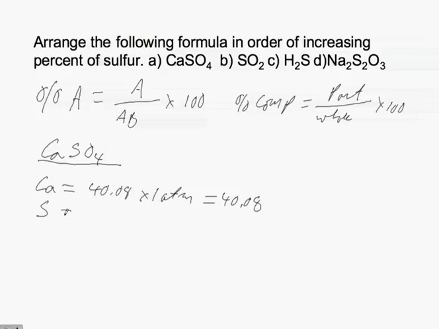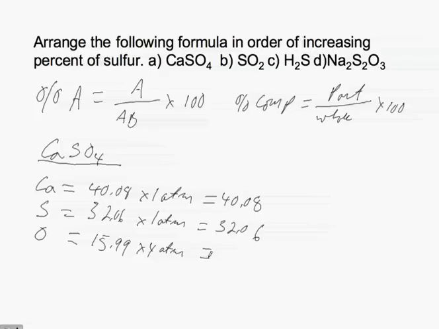I have sulfur is equal to 32.06 times 1 atom of sulfur, which is going to equal 32.06. Then I have my oxygen. Oxygen is equal to 15.99 times 4 atoms of oxygen, which is equal to 63.96.